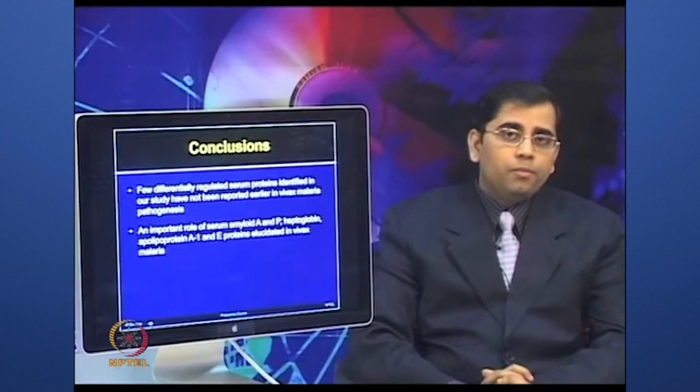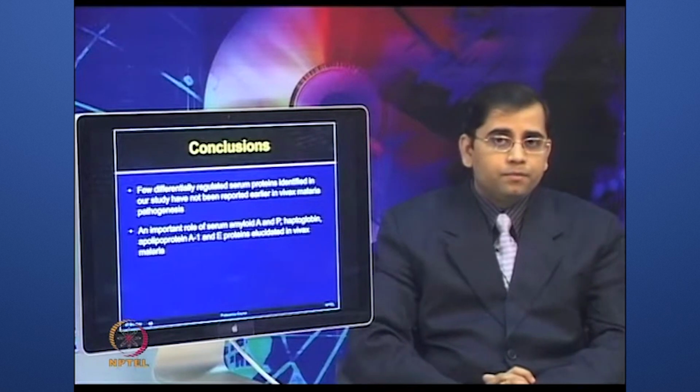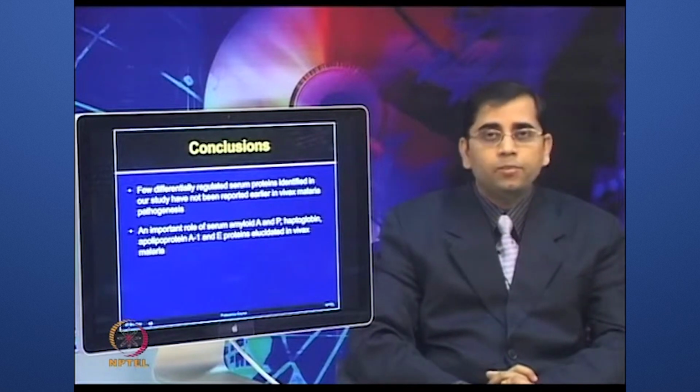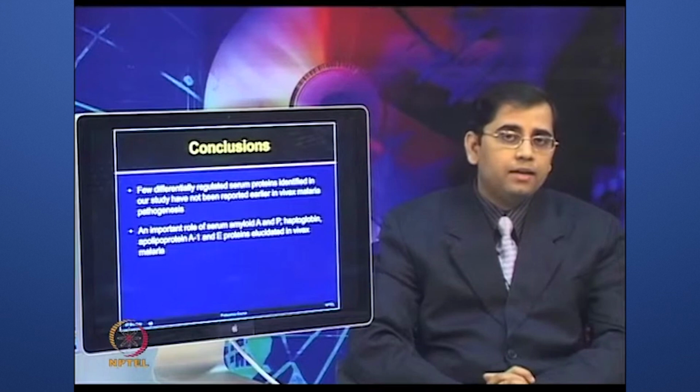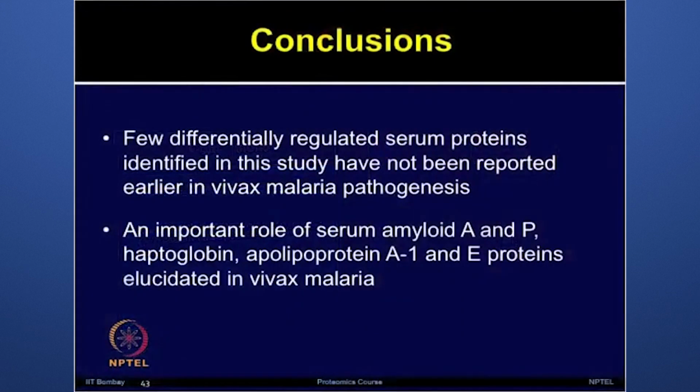So, the conclusions from this case study are that a few differentially regulated serum proteins were identified, including ceruloplasmin, hemopexin, alpha 1 antichymotrypsin and alpha 1 antitrypsin, which have not been previously reported in vivax malaria pathogenesis.